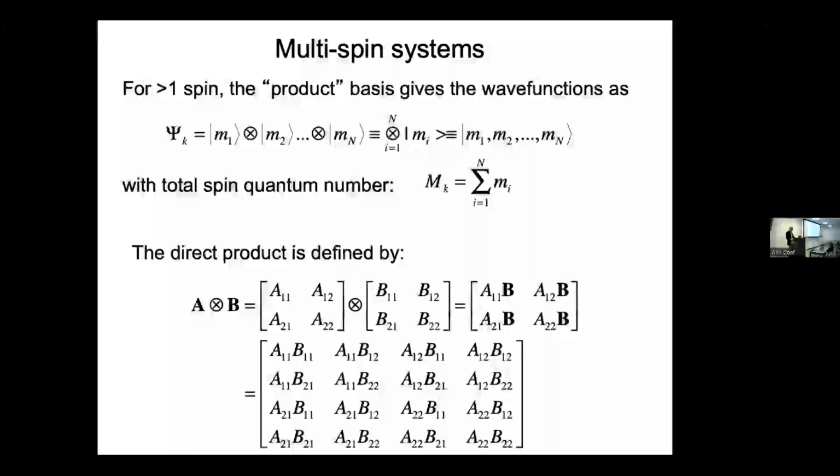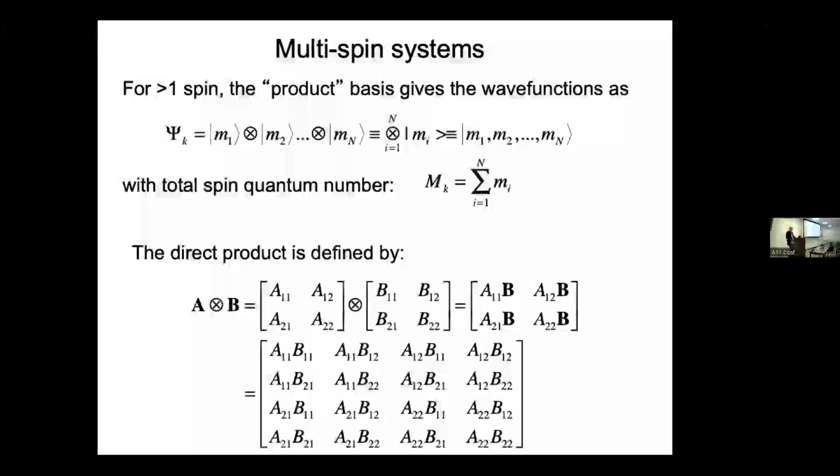So if we need the kth wave function for n spins, we take the direct product of the wave functions for each individual spin. So spin 1 might be alpha, spin 2 might be beta, spin 3 might be alpha, spin 4 might be alpha.